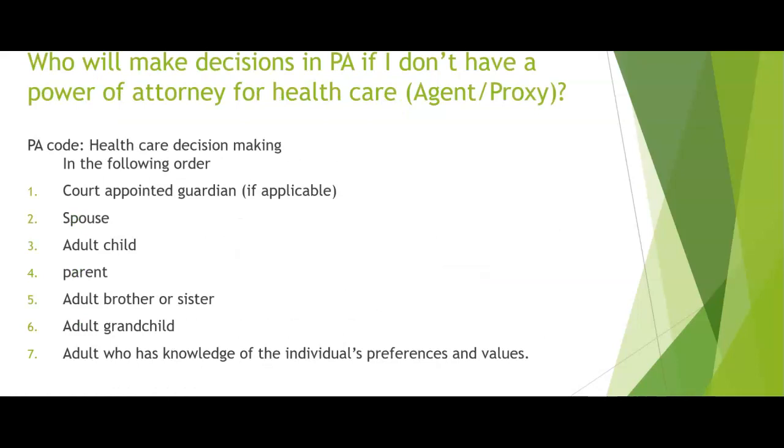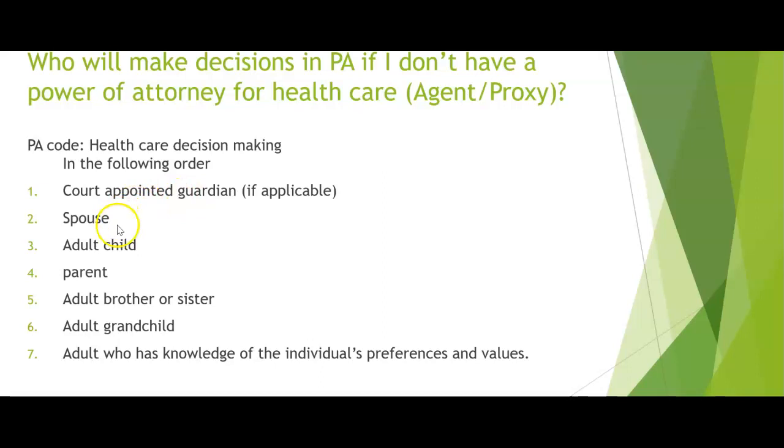If you don't have a medical decision maker, if you don't have an advance directive, this legal document, in the state of Pennsylvania, then there is Pennsylvania code for who can make those healthcare decisions. And first one is, if applicable, a court-appointed guardian will make those decisions for you.